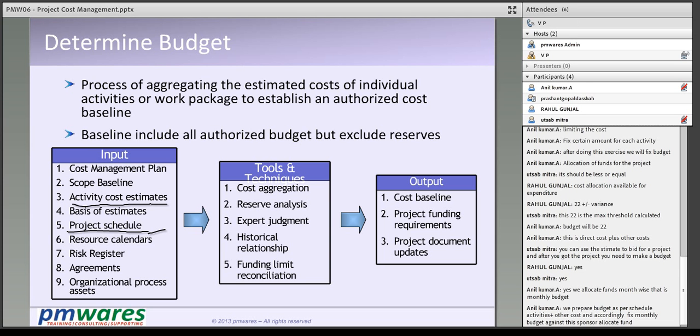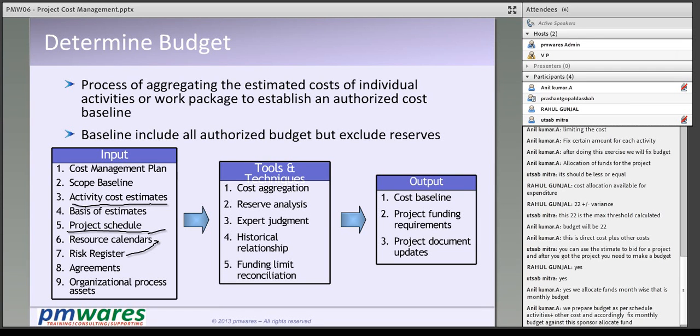Then the risk response plan also requires some money, and scope tells us what is actually to be done. We prepare budget as per schedule activities plus other cost, and accordingly fix monthly budget against the sponsor allocated fund.